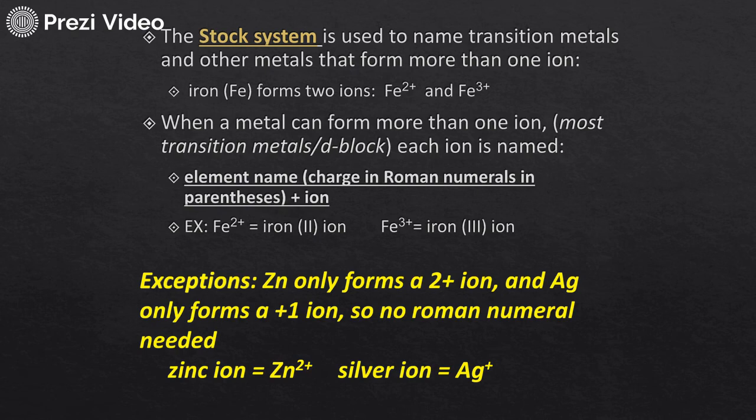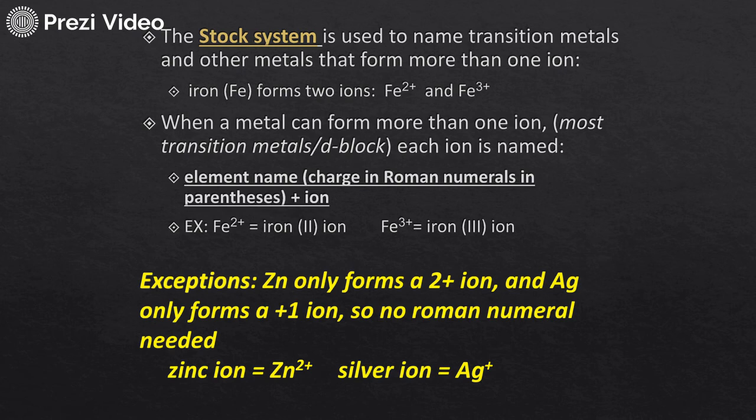When you have something that will have more than one charge, you use Roman numerals in parentheses to signify the charge. Here you can see the iron 2+ ion has a little Roman numeral 2 right after the iron. The iron 3+ ion has a little Roman numeral 3 right after the word iron, indicating that it has a 3+ charge.